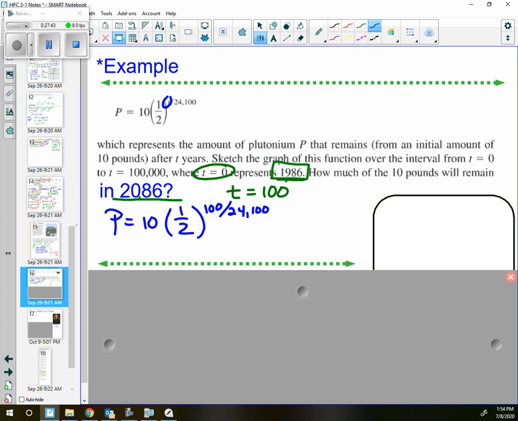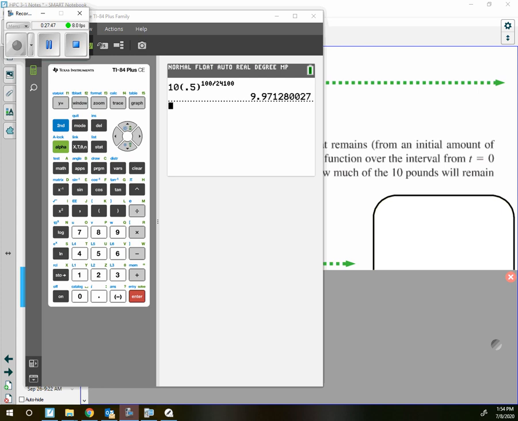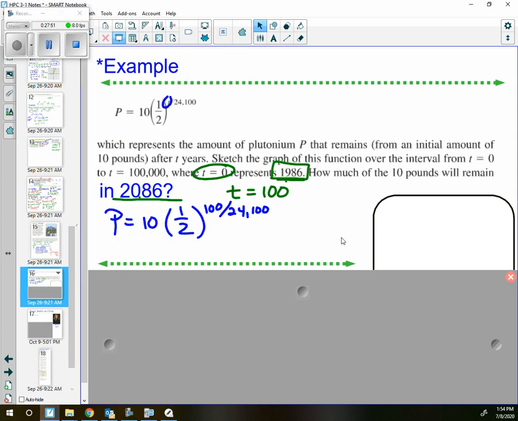Can you do that calculation on your calculator? I typed it in, and got 9.971 and so on. So the amount of plutonium left after 100 years was about 9.971 pounds. In other words, you've barely lost 0.03 of a pound after 100 years. Basically, it's all still there.